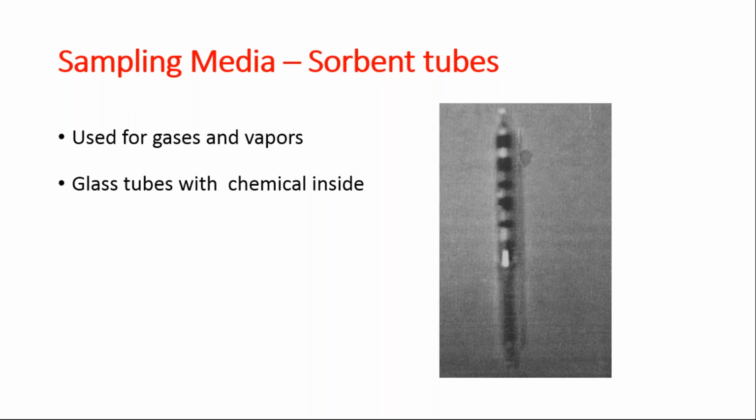When air circulates through the tube, the gas or vapor reacts with the chemical inside the tube. And this type of tube can show the reading, which is the concentration level of the gas or vapor inside that room.